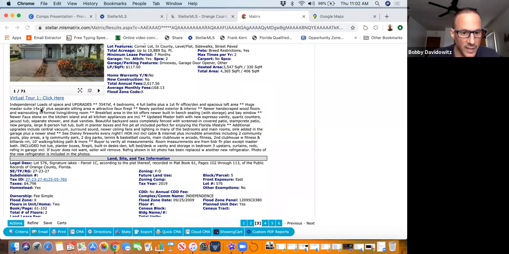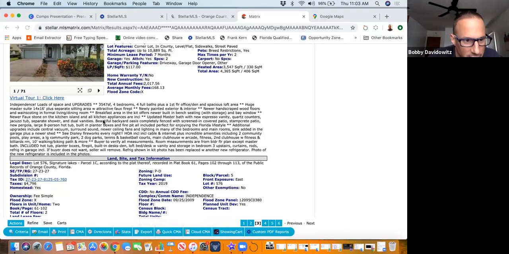We take a look at the description. So let's take a look at the upgrades. Loads of space and upgrades. Newly painted exterior and interior. Okay, so they newly painted it. Newer hand-scraped wood floors. Bunch of different stuff here. I always like to look to see if they replaced a roof or an AC. Those are the big expenditures.